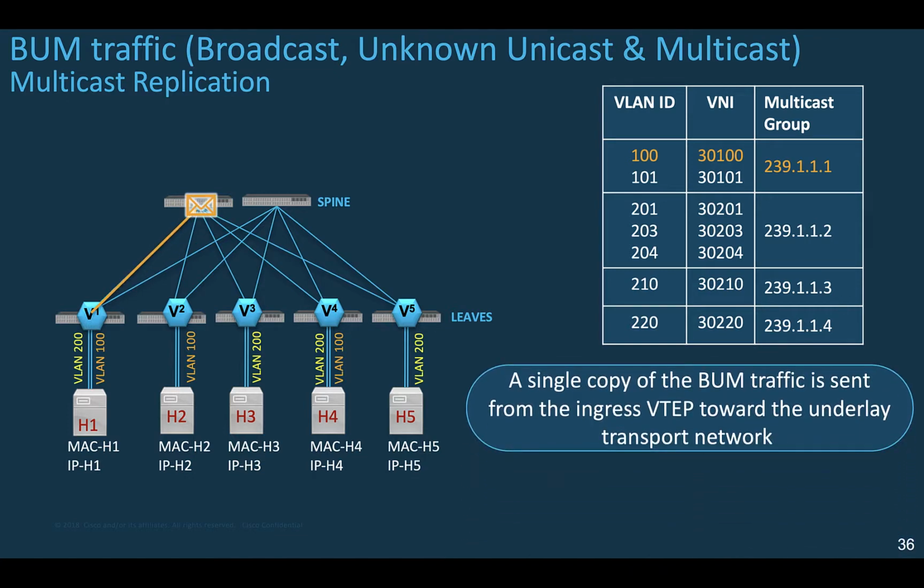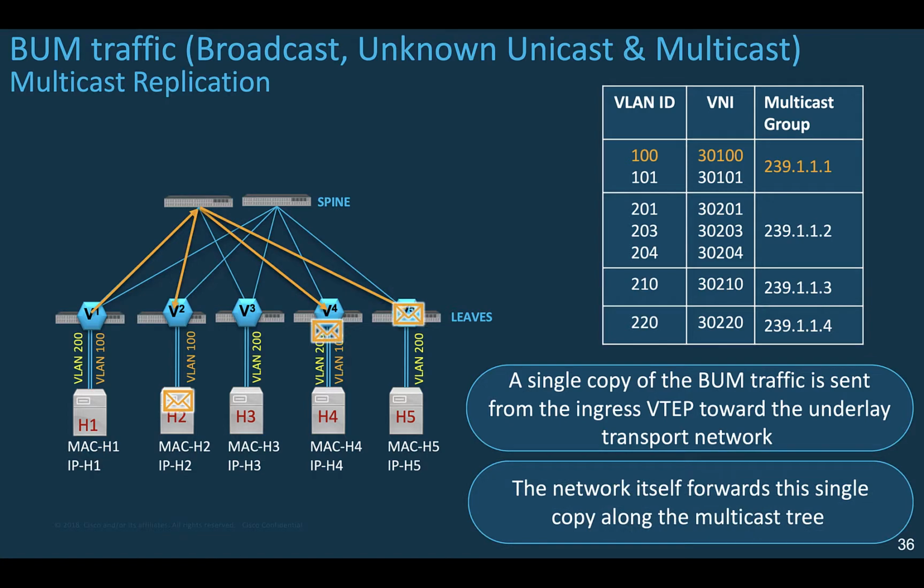When the BUM transport uses a multicast protocol, the initial data packet is sent only once, and a single copy follows the multicast tree to reach all the final destinations.